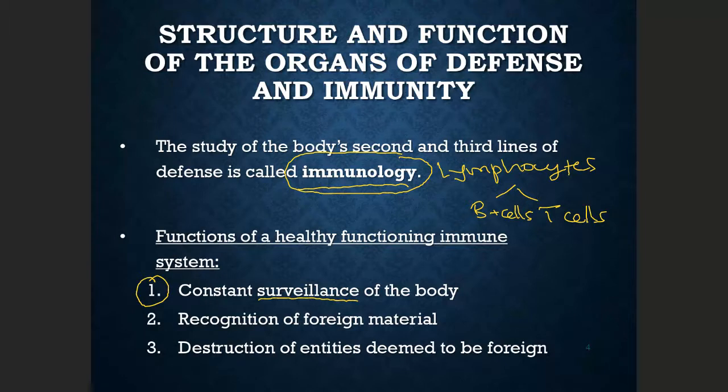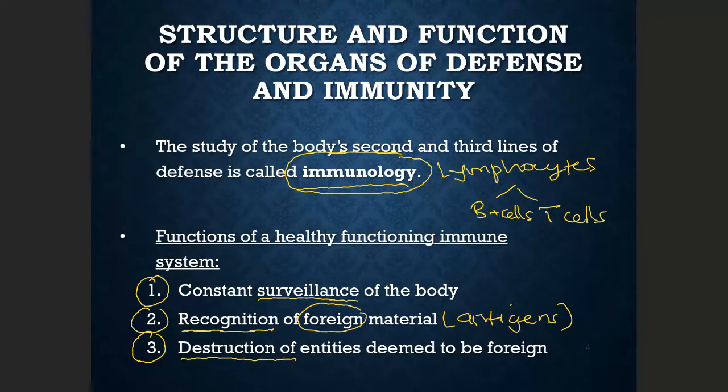And then when they survey, they might recognize if there is a foreign material. This foreign material is also known as antigens. So they will recognize it, and then these antigens will be destroyed by our immune system.